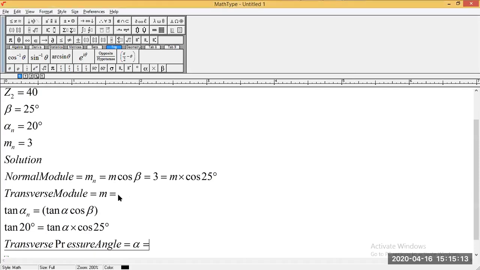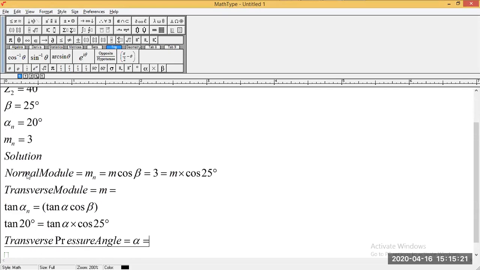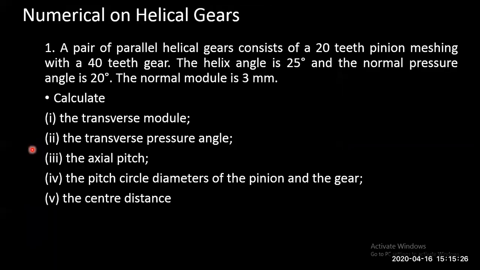Anybody done with the transverse module? Okay, so in this problem you'll come to know the distinctions between alpha and what is given in the question. We'll go back to the question. See, transverse module, you need to find. Normal module is given, so that is m and you need to designate it as m subscript n. Similarly, normal pressure angle is given. Normal pressure angle means this is the pressure angle for the formative gear or the virtual gear.